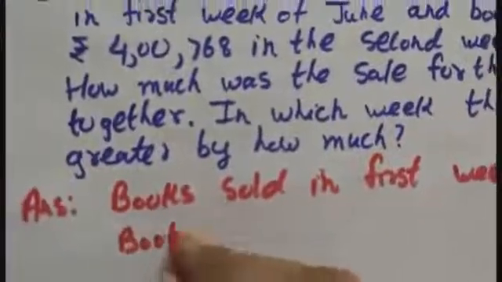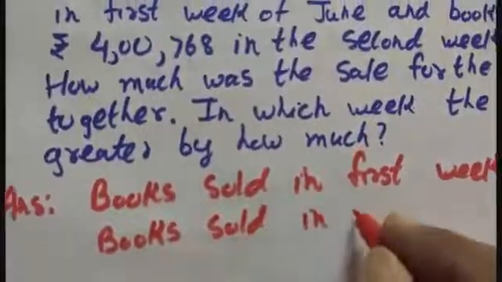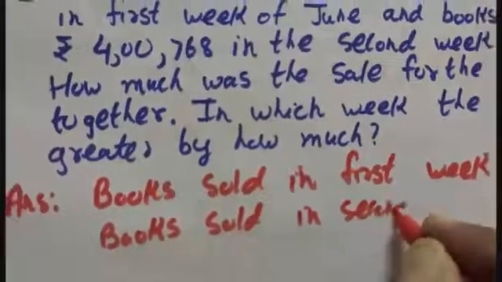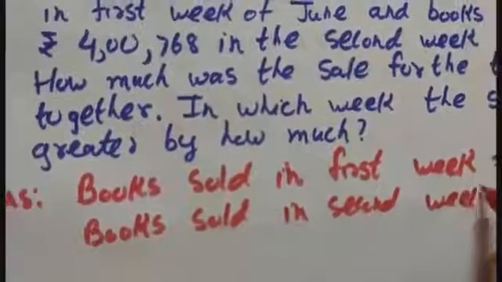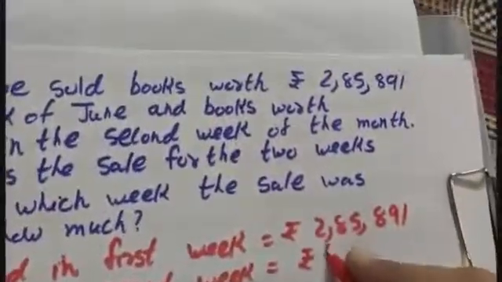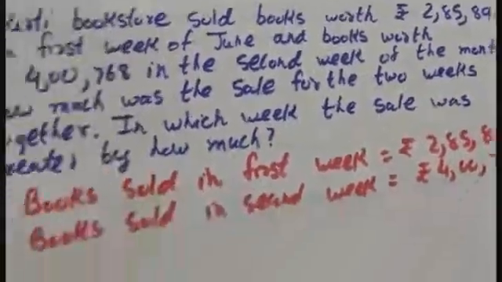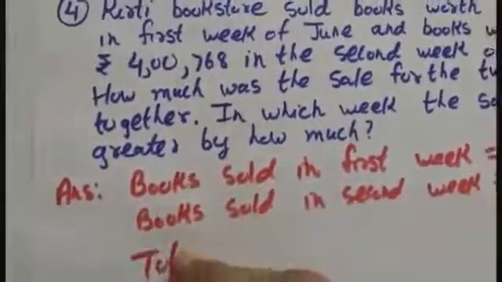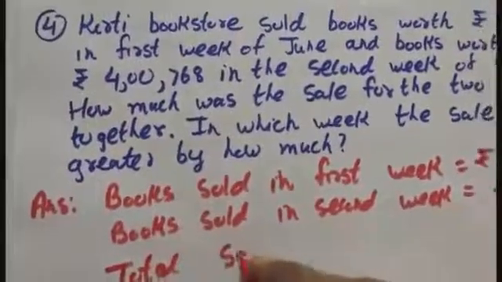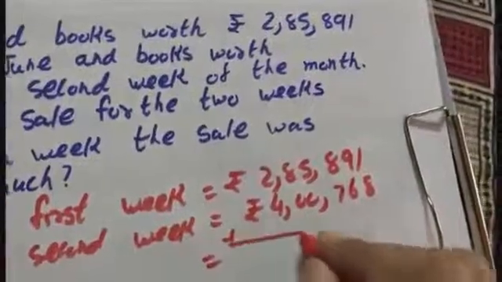Then books sold in the second week, that is rupees 4,768. Total sale means we have to just add this.